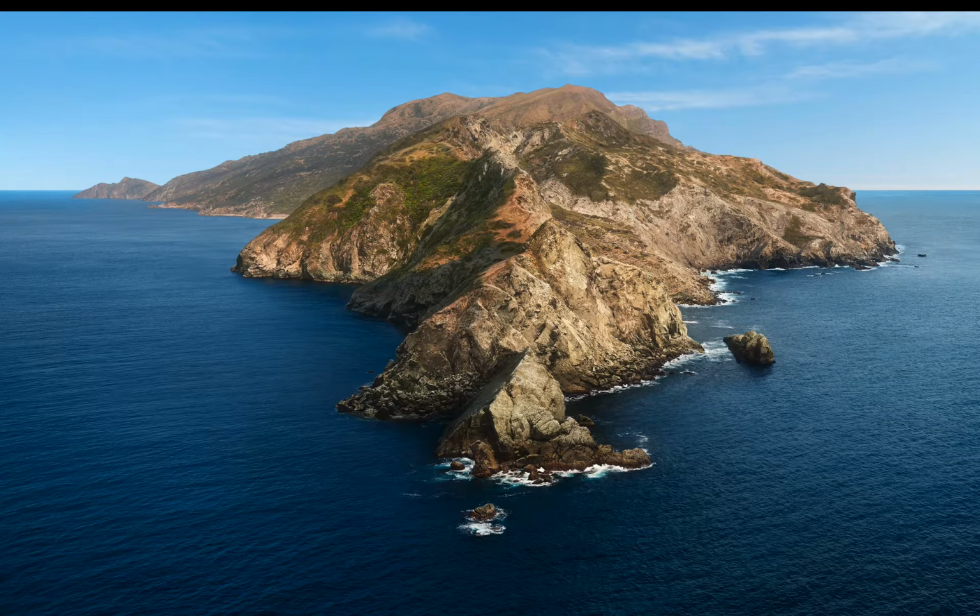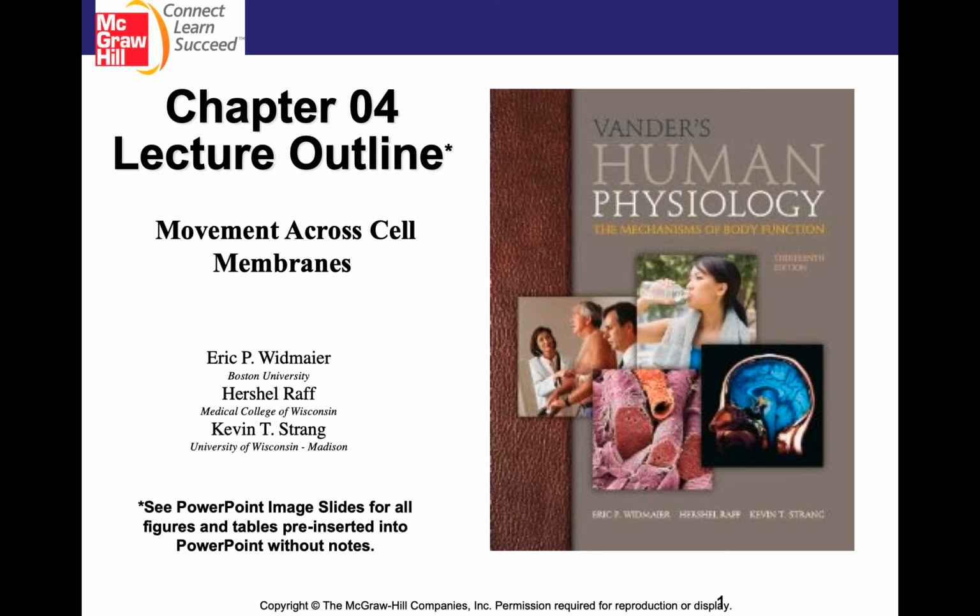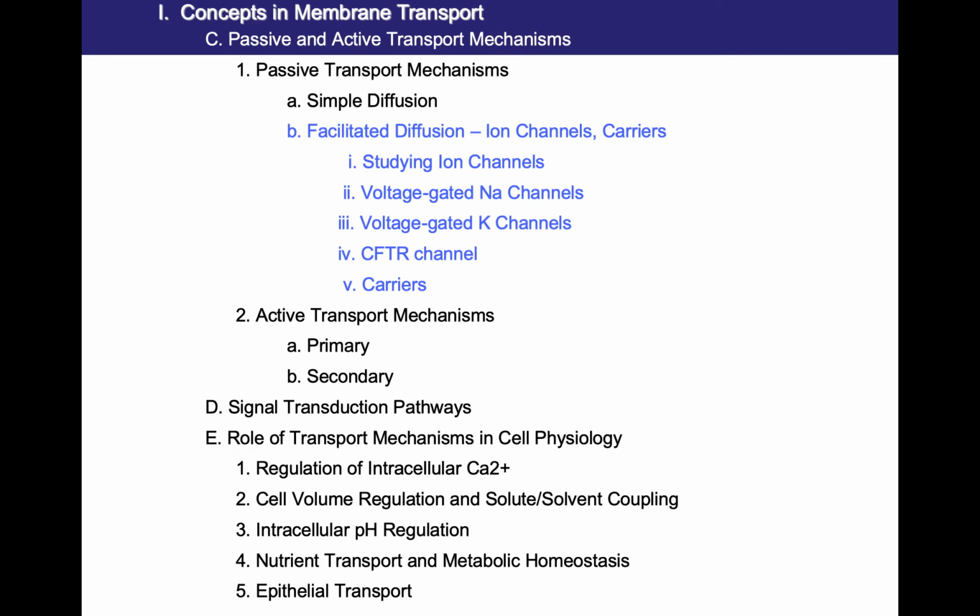All right, so again, here is our roadmap. This is what we're going to be covering right now. Ion channels, we'll talk a little bit about voltage-gated sodium and potassium channels. And then I'll also talk about CFTR, that's the cystic fibrosis transmembrane conductance regulator. You have no idea what I'm talking about right now.